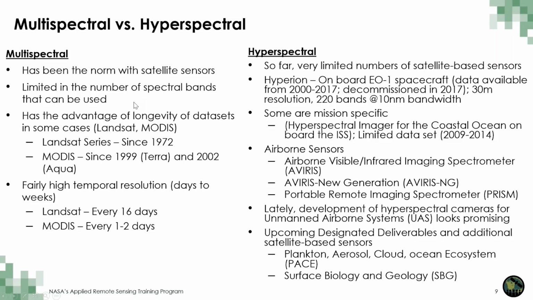On the other hand, there's the advantage of the longevity of the data sets associated with some of these missions. When you think about the Landsat series, for instance, it's been around since about 1972.